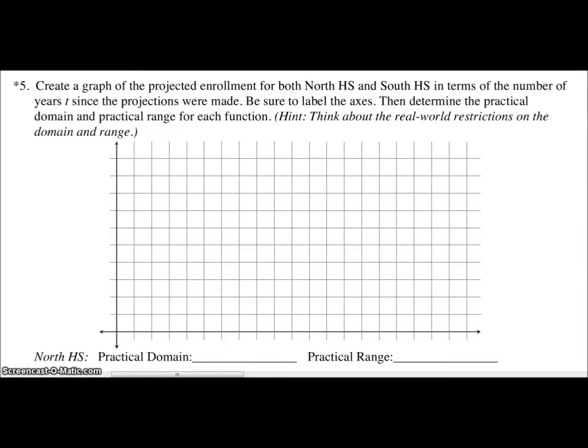Number 5, create a graph of the projected enrollment for both North High School and South High School in terms of the number of years, t, since the projections were made. Be sure to label the axes. Then determine the practical domain and practical range for each function.